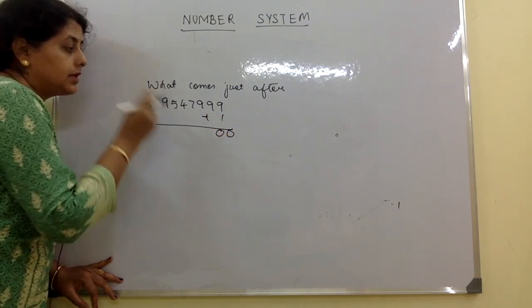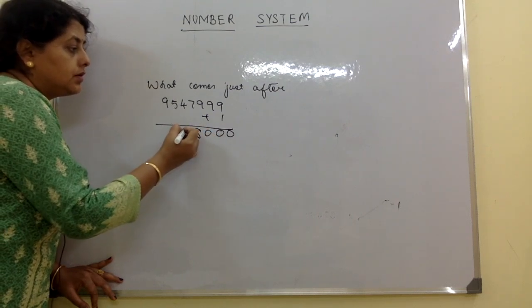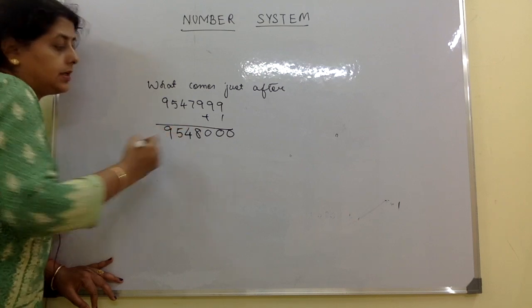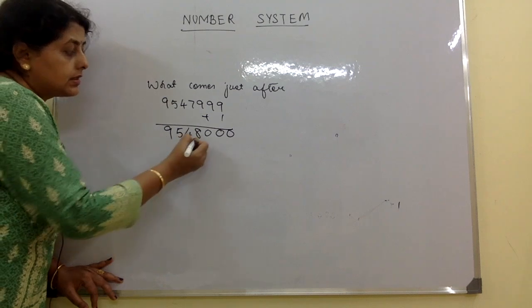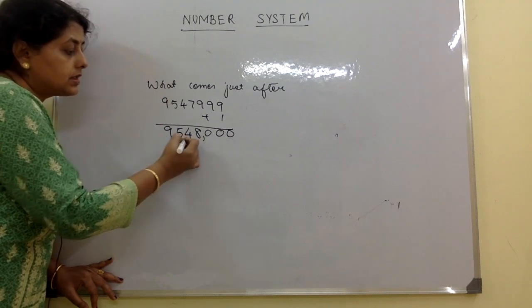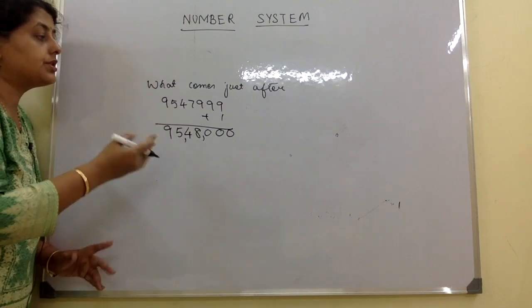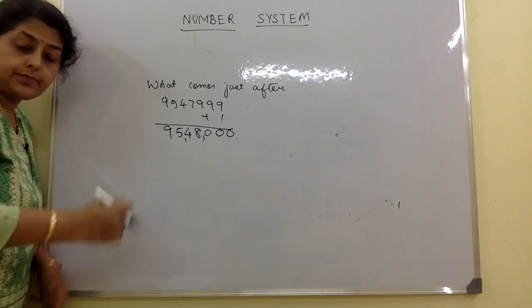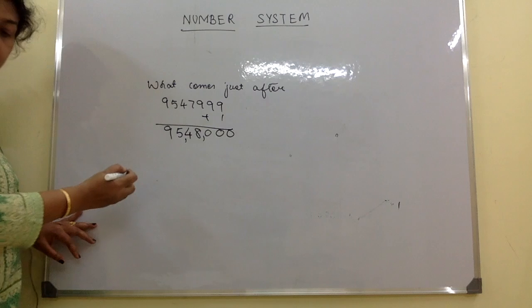This is what comes just after: 95 lakhs 48,000 comes just after 95 lakhs 47,999.